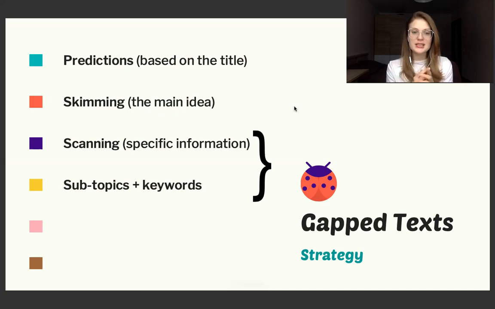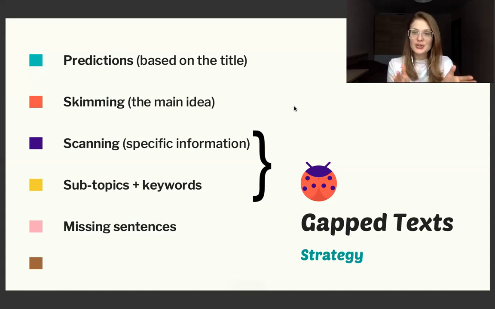And at this point, I suggest that you read each passage more carefully and try to identify the subtopic of each passage. So I'll show you how to do that in this video later when we talk about a sample text. And also it will be helpful to underline some keywords that give you a hint as to what kind of sentence is missing in this gap text.